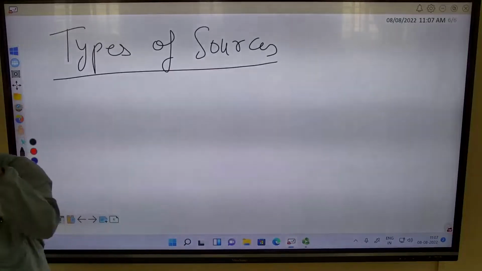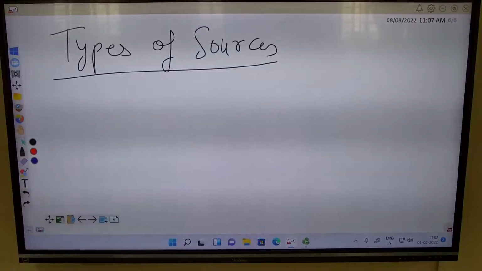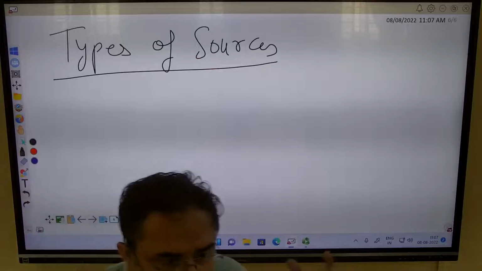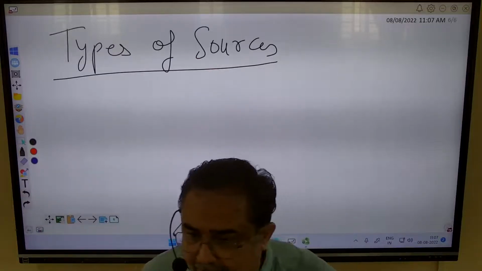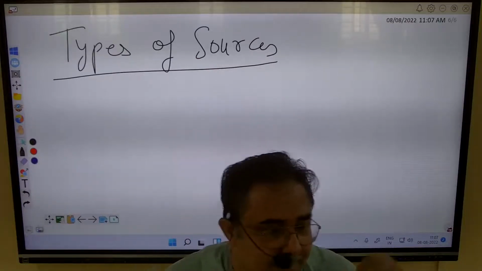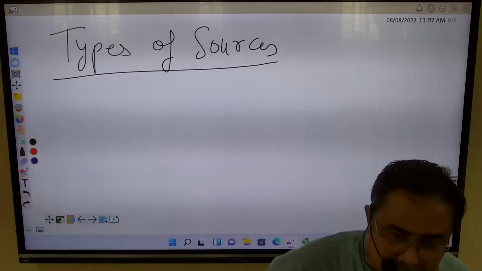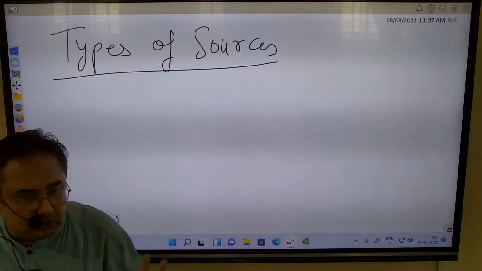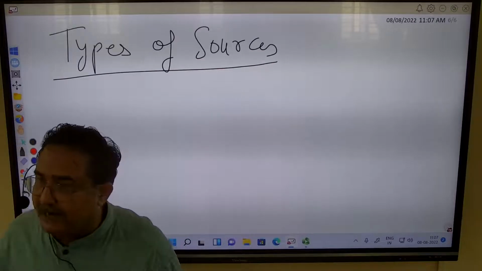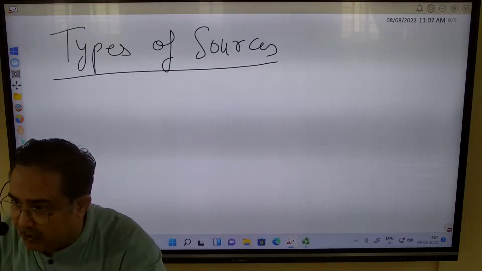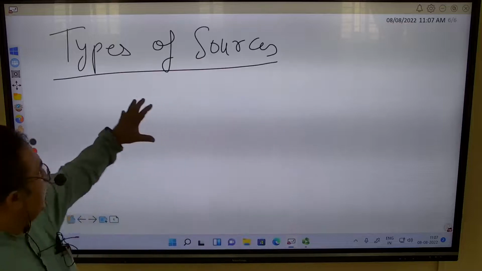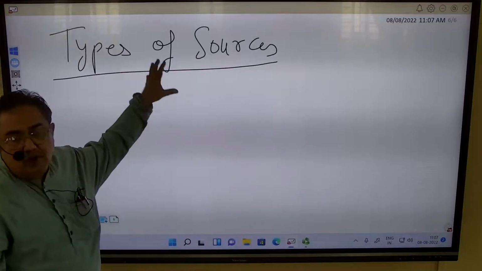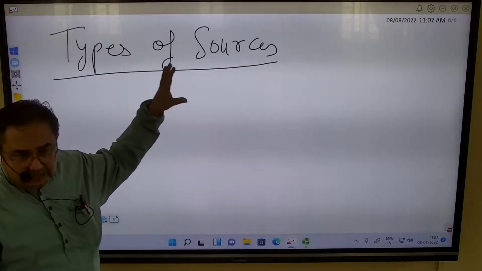Now broadly, you are using a source, which provides power supply to the different elements of the circuit. Is it clear? Resistor and capacitor are passive elements. In order that they work, we have to provide an external power supply. So how many types of sources are there in our circuit theory?